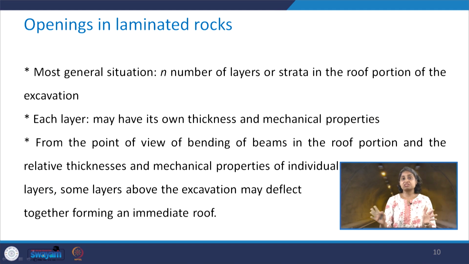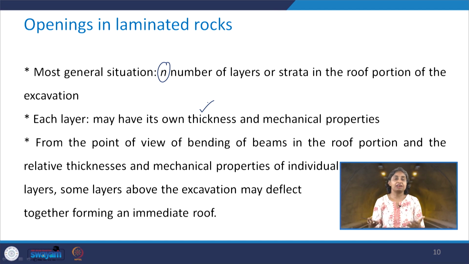So, in the most general situation, you can have n number of layers or strata in the roof portion of the excavation. Now, each of these layers may have their own thickness and mechanical properties. As I showed you earlier with the help of a figure, their modulus of elasticity and their Poisson's ratio can be different from the neighboring layers, or they can have their own thickness.